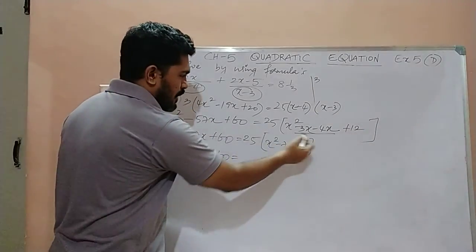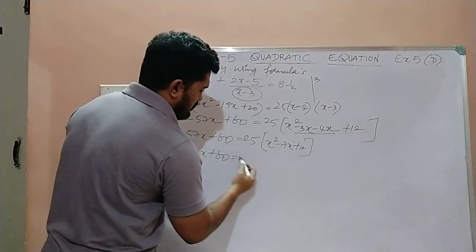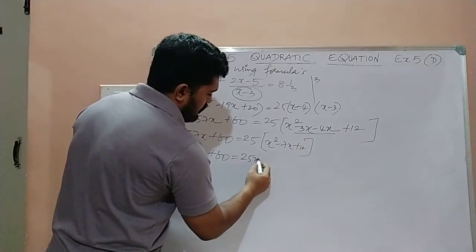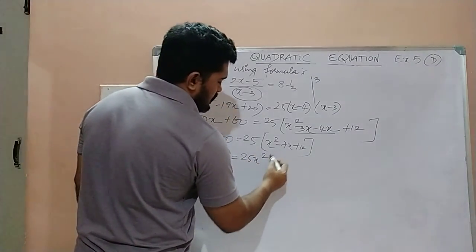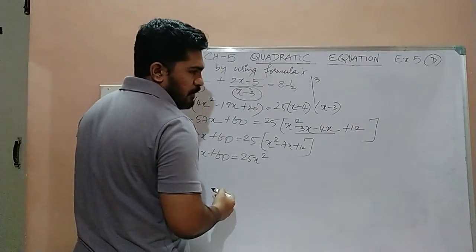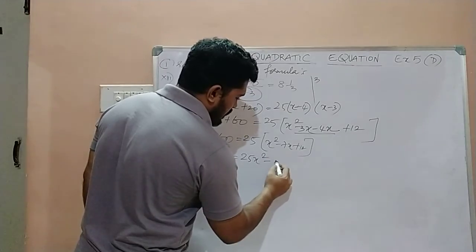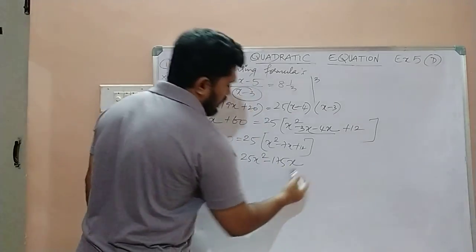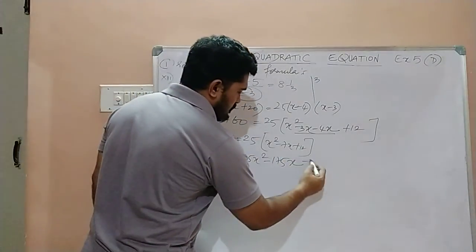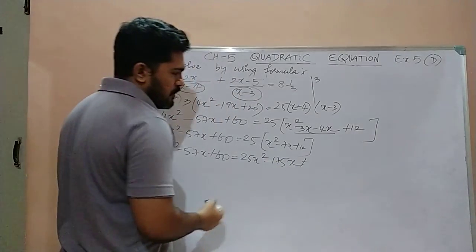So 25 will get multiplied with all these three terms. 25 into x square is 25x square. 25 into 7 is 175. And what should be the sign? Plus into minus, minus. So minus 175x. Plus into plus is plus. 25 into 12 should be how much?